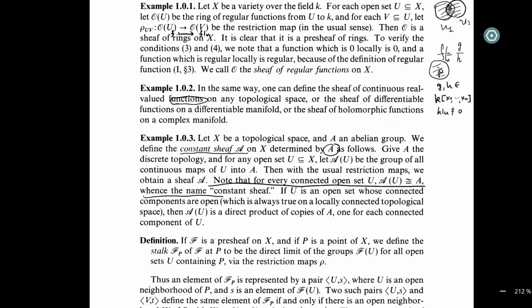For example, what is a continuous function? We must map the whole space to a single point A. Otherwise, if I map into 2 different points, with the discrete topology, they're both open, so the inverse images are open.